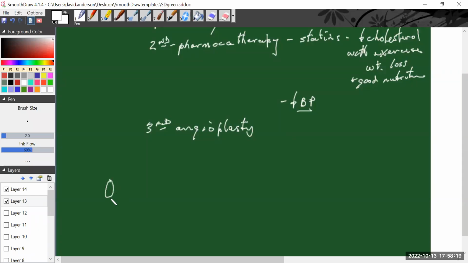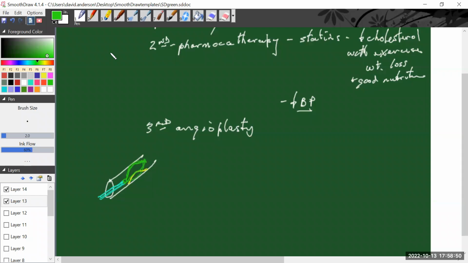If you have a blood vessel that has a blockage, one thing we can do is we can insert a structure that has a balloon, literally a balloon. So this is inserted into the blood vessel that has the blockage, and then the balloon is inflated.